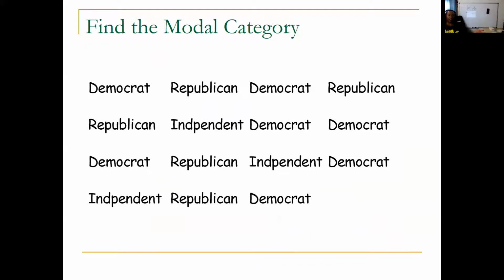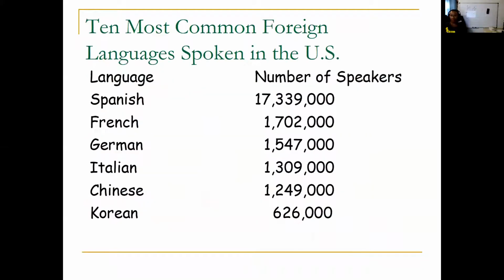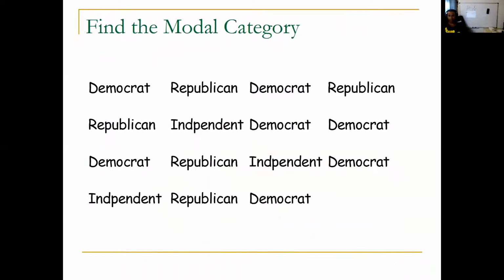Now, what we've been doing is looking at frequency distributions to determine the mode, but you could also determine the mode with just a list of raw scores. So for example, instead of a frequency distribution, you have a list of scores: Democrat, Republican, Democrat, Republican, Republican, Independent, Democrat, Democrat, Democrat, Republican, Independent, Democrat, Independent, Republican, Democrat.